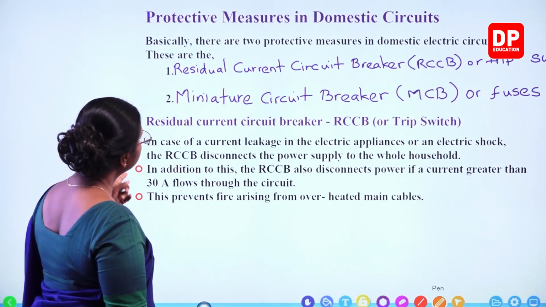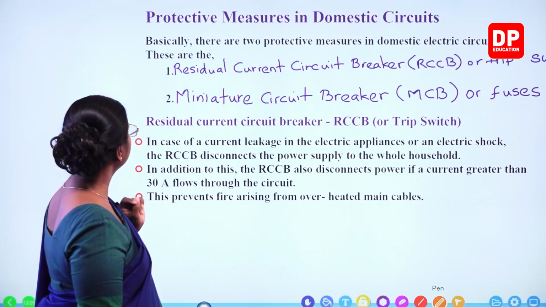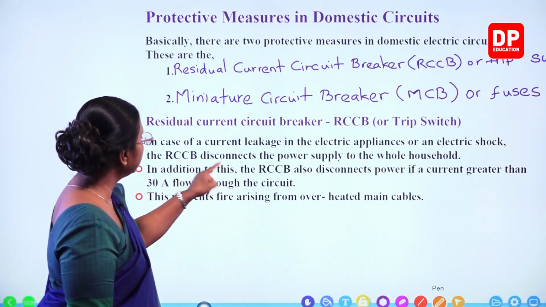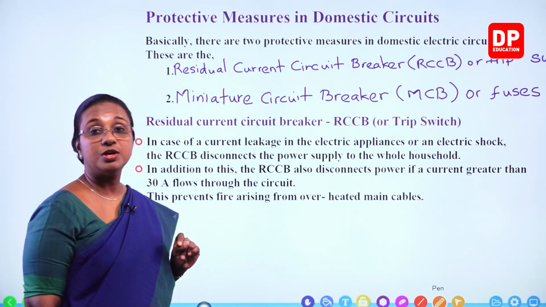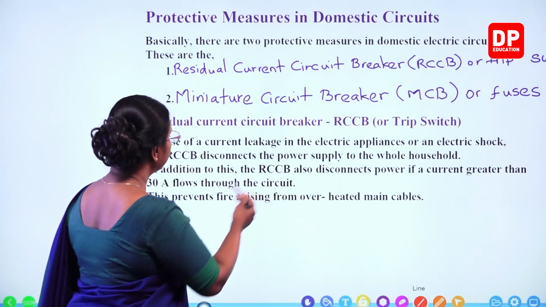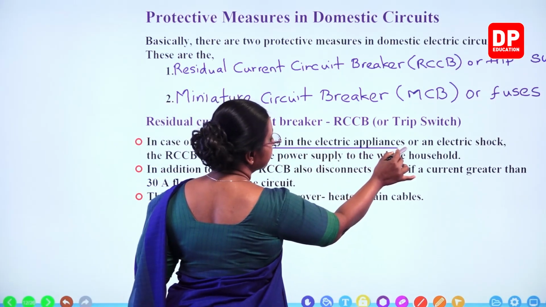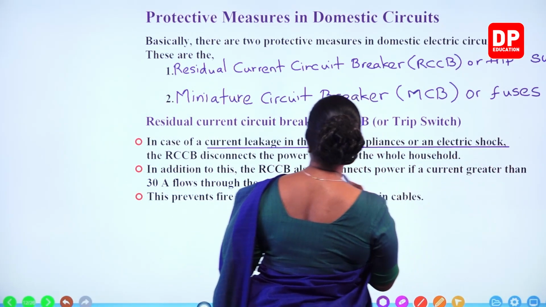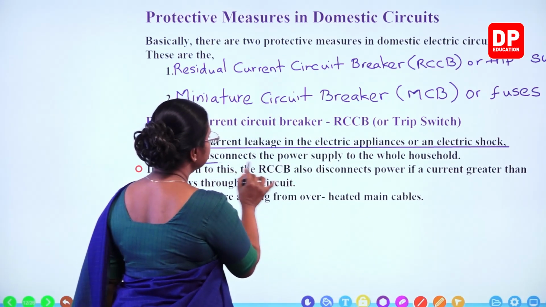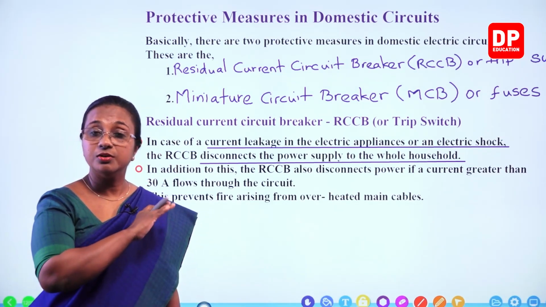So, in case of a current leakage in the electric appliances or an electric shock, the RCCB disconnects the power supply to the whole household. That is something you have to remember. The power supply is disconnected to the whole household, not a part of the household, the whole household.